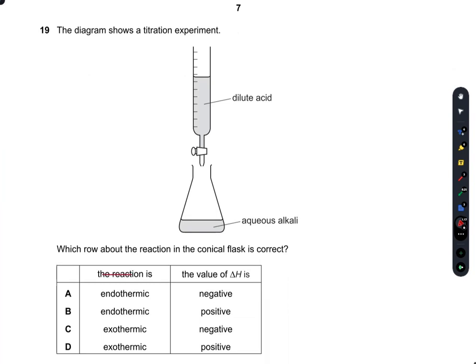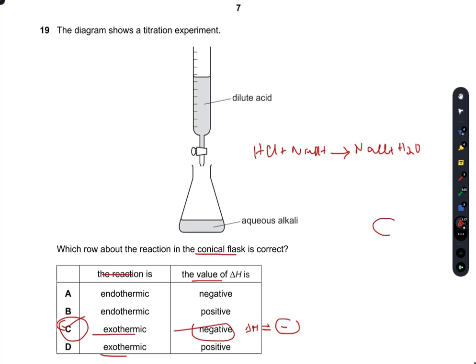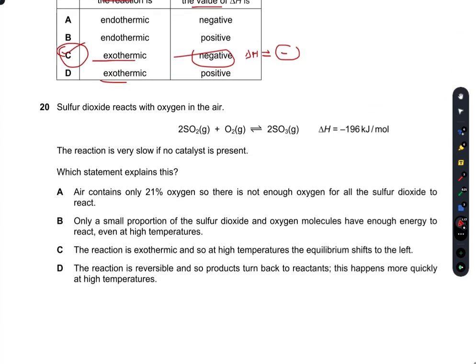Now this is the titration reaction. Suppose I take HCl and titrate it with NaOH to give NaCl along with water. So energy would be released here. So it is an exothermic reaction, and when it is exothermic, the change in enthalpy is negative. Remember this. So C is our right option.